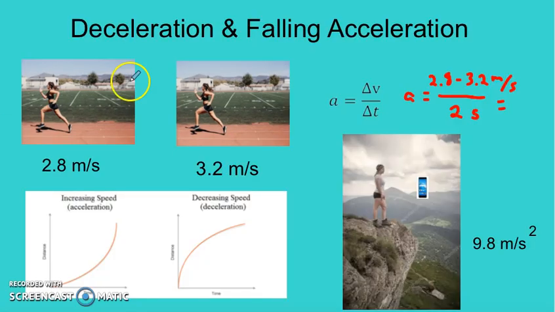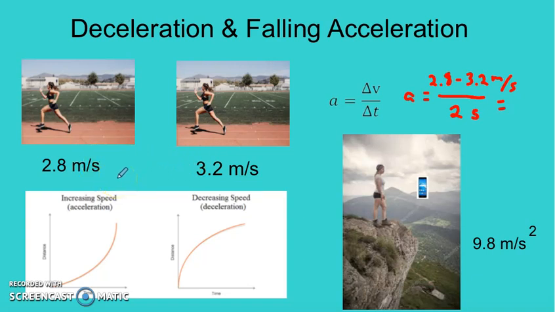Now, we mentioned something called deceleration earlier, that it was not running backwards, it was just slowing down. For example, if the runner had gotten to 3.2 meters per second, fatigue is going to kick in at some point, and they will start slowing down. So let's say for the next 2 seconds, they ended up slowing down to 2.8 meters per second.